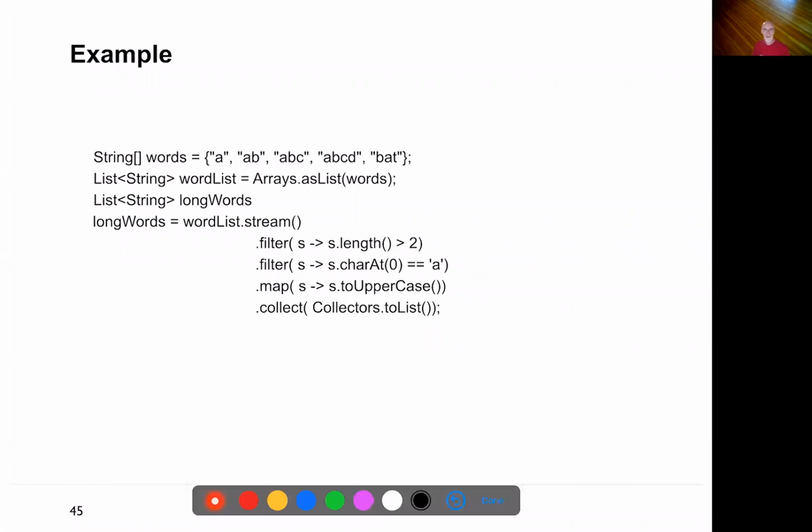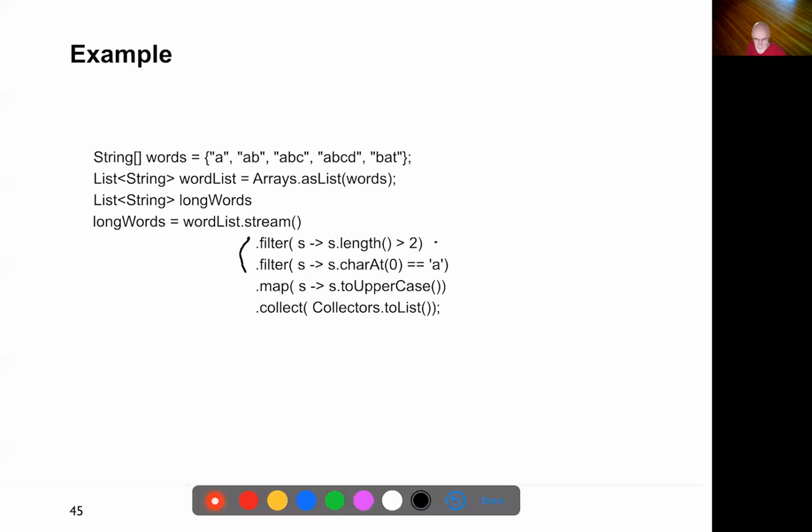Is it clear what's going on here? And again, here's another example where lambdas help the code to be a bit more readable to understand the intent. The two filters, filter means I'm going to select things that satisfy a condition.